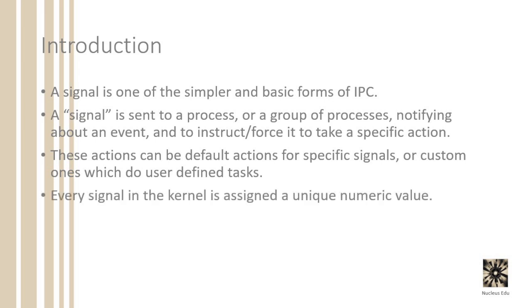Every signal in the kernel is assigned a unique numerical value. This numerical value is used to identify the signal. These values might be different for different architectures, as some signals and numerical values are different. You can look at them by just typing the command kill -l in your terminal in the Linux machine.